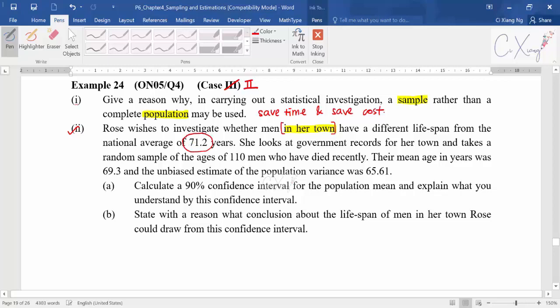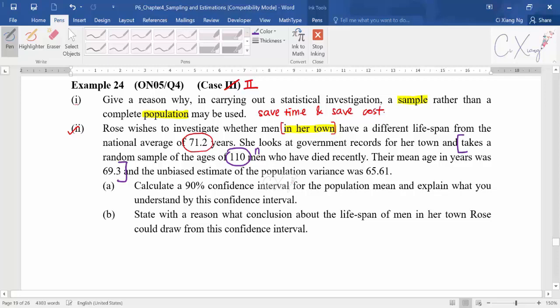Okay, so you see you have 71.2. She looks at government records for her town and takes a random sample. So from this sentence onwards, takes a random sample of the ages of men who have died recently. Their mean age in years was this one. So 110 is the sample size, a large sample size, and then the mean age.